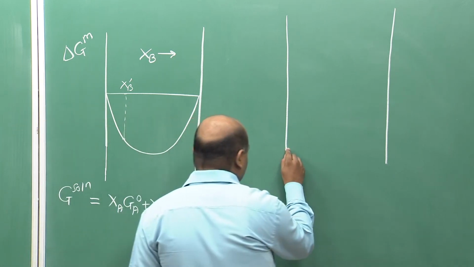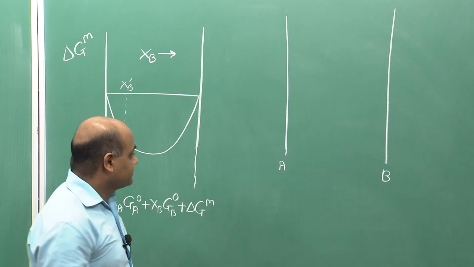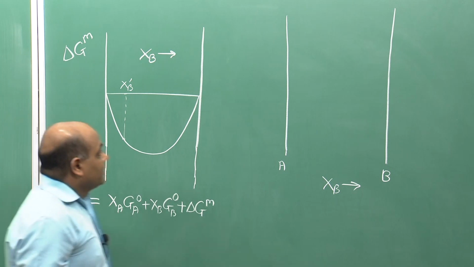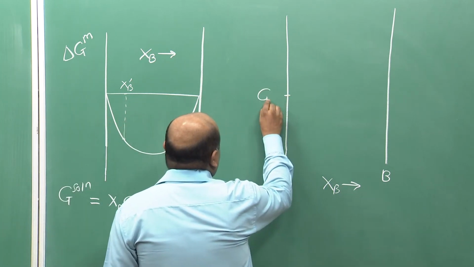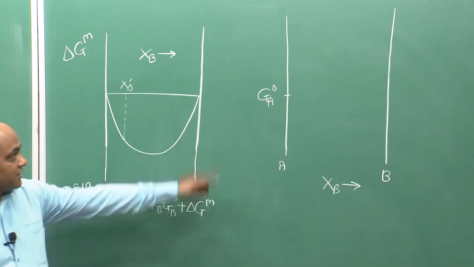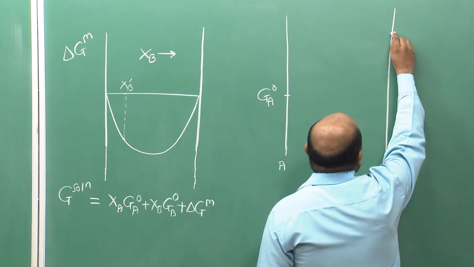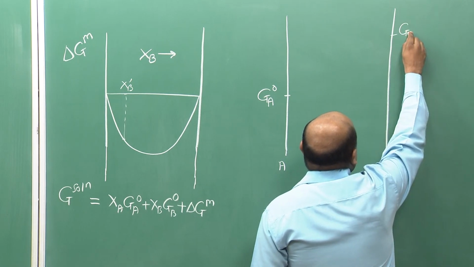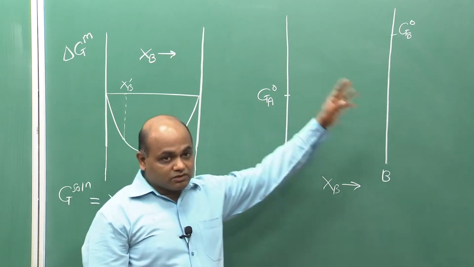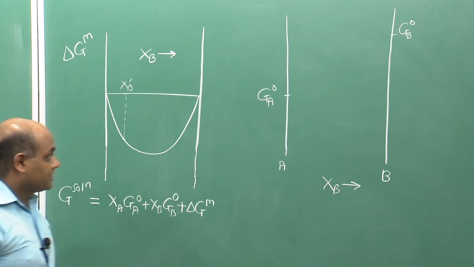So, if on left axis is A rich, right axis is B rich, and if I write xb as x axis, then I will have Ga0 marked somewhere on xa equal to 1 axis. This is basically the molar Gibbs free energy of pure A, and Gb0 marked somewhere on the xb equal to 1 axis, right. So, I am showing here Gb0 greater than Ga0, but it can be other ways also.